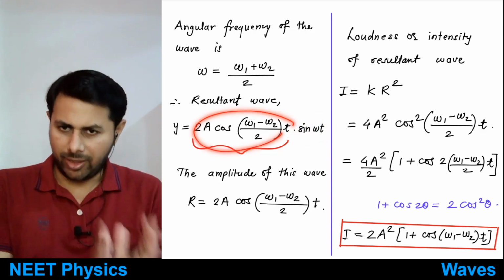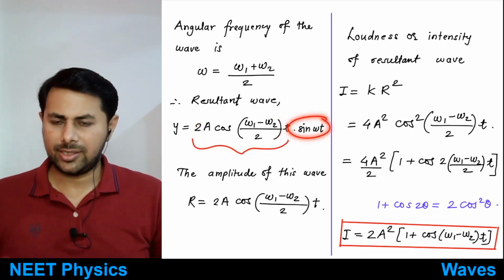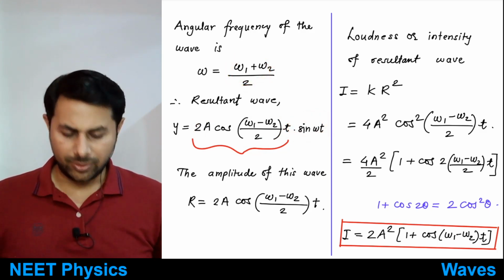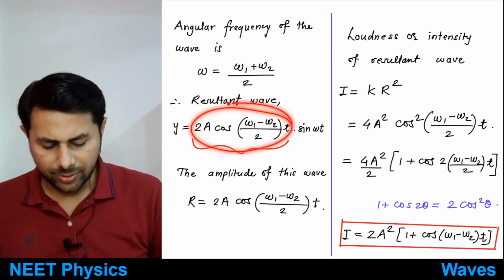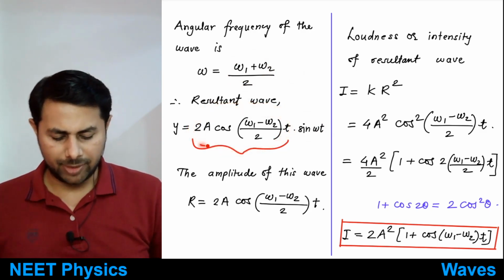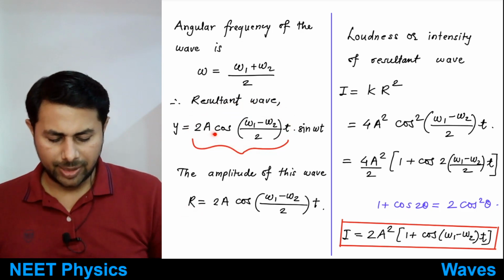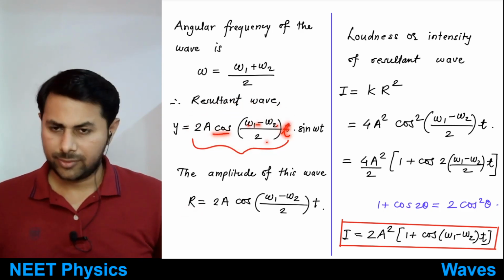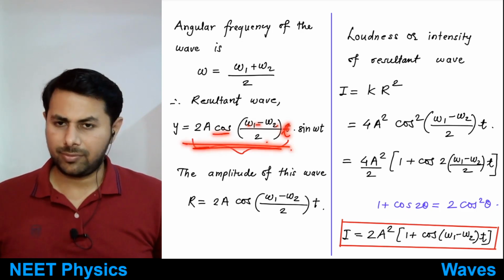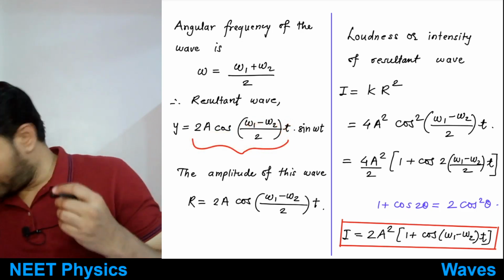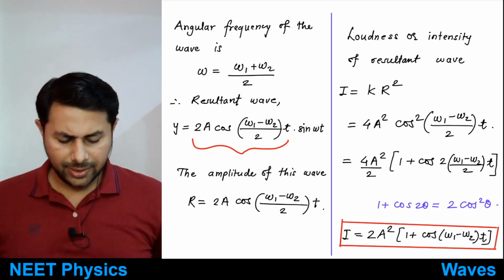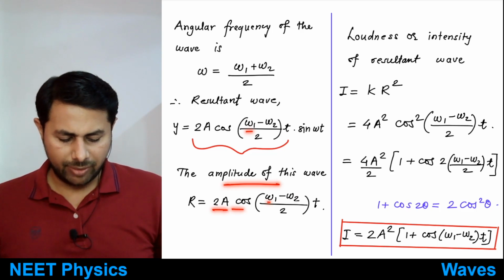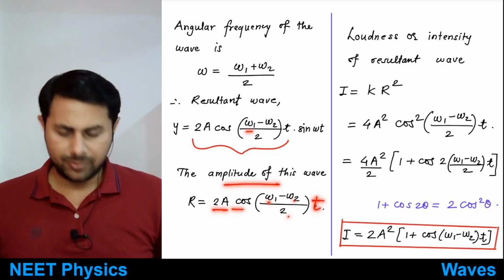It's like you have a wave whose frequency is ω, which is equal to (ω1+ω2)/2, and whose amplitude is this one. This is the amplitude R, which is 2a multiplied by cos of (ω1−ω2)/2 into t, right? This amplitude is given by 2a multiplied by cos of (ω1−ω2)/2 into t.